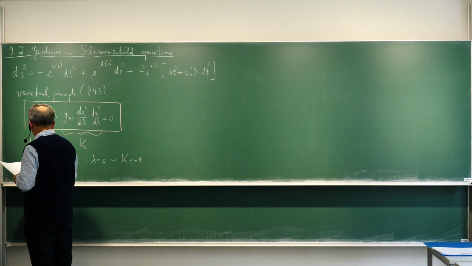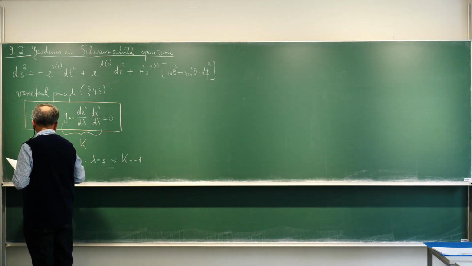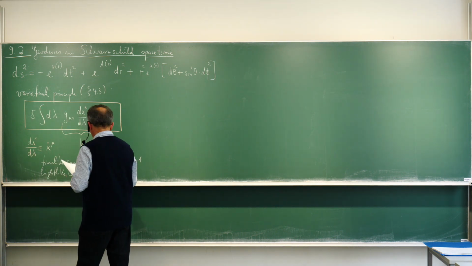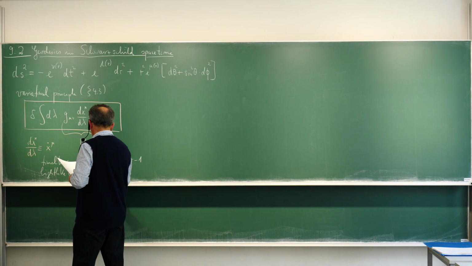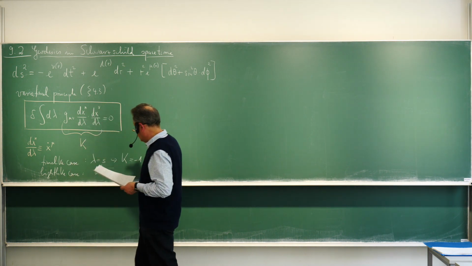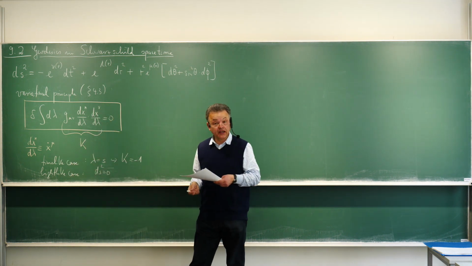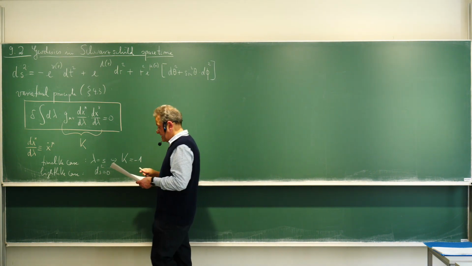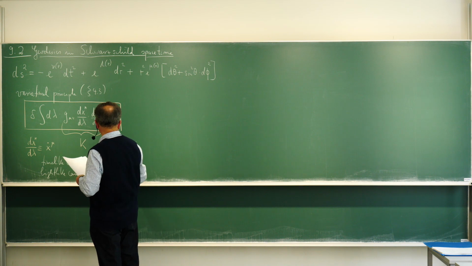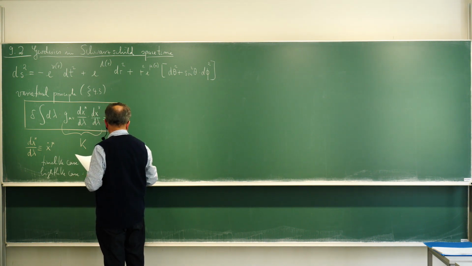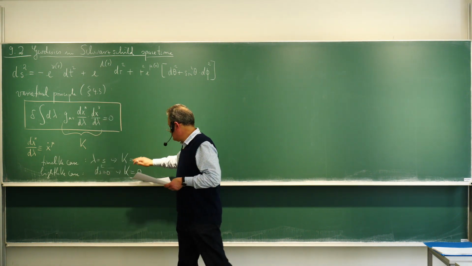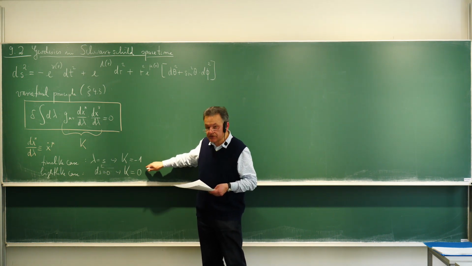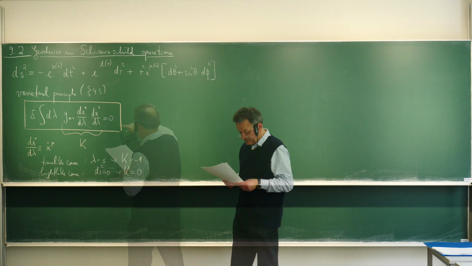And for the light-like case, we have ds squared equal to 0, so there's no proper time. So lambda is just an affine parameter that runs along the light rays. And because this here is 0, we have k equals 0. So I will later divide the discussion into these two cases.